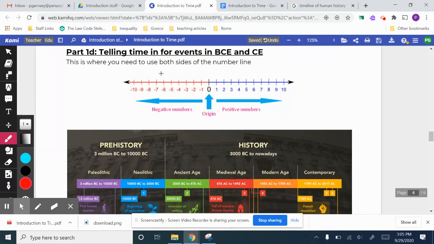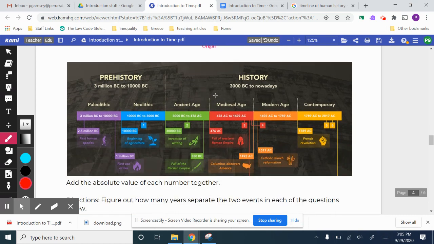All right, it gets a little more confusing if you have two events and one happens in BCE, or the negative side, and then you have another event that happens in CE, or the positive side of a number line. All right, and now we got our timeline here. We have prehistory. Right now we're learning about the Paleolithic era.